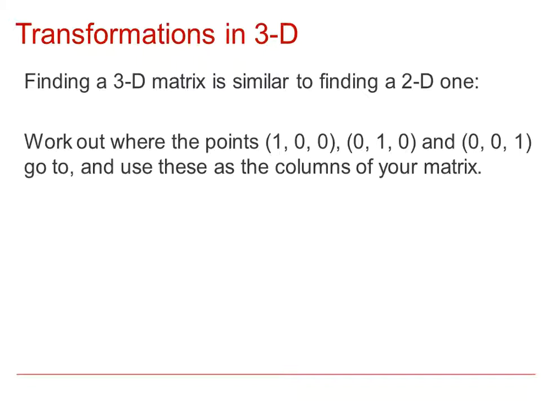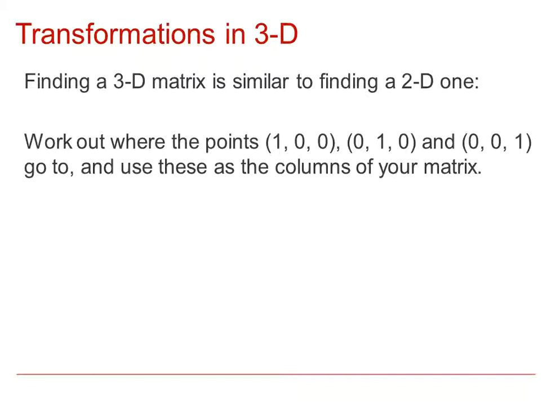So when we're looking for a 3D matrix, it is very similar to when working with a 2D matrix. If we work out what happens to the one unit along the x-axis, so that's 1, 0, 0, and 1 unit along the y-axis, so that's 0, 1, 0, and 1 unit along the z-axis, 0, 0, 1, then each of the images of those 3 points will be the corresponding columns of the matrix.